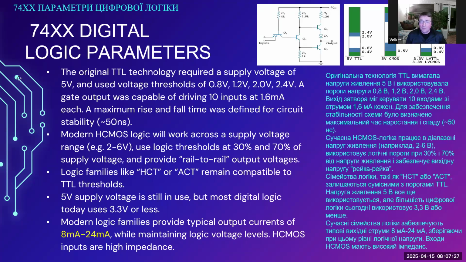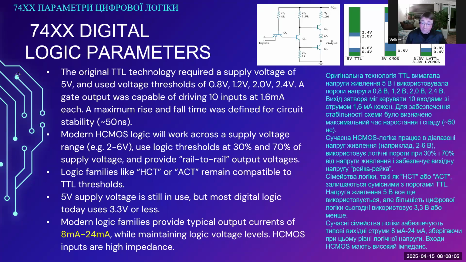The way these logic thresholds should be interpreted: the lowest value is the value that a gate output cannot be higher than for the low state. The next value is the level that a gate input must detect as a low state. So there's usually 0.4 volts of noise immunity in between.